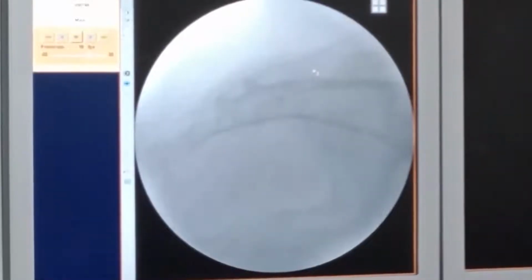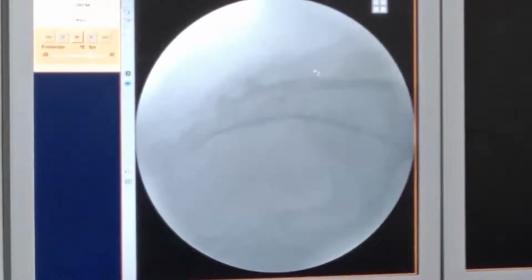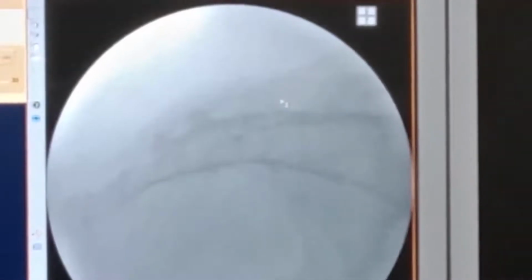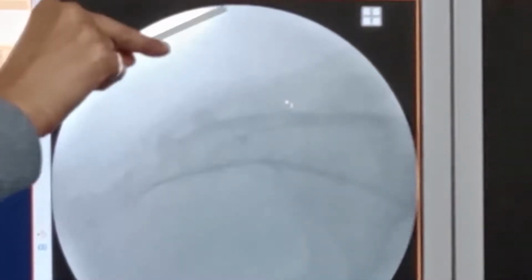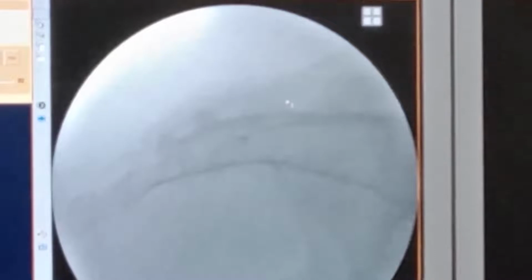This is the first shot of the sacrum in the lateral view. As you can see, it has to be an optimal view. It is important to have an optimal view of the sacrum at this time because if there is too much air on the upper end, it would give a suboptimal view of the sacrum.